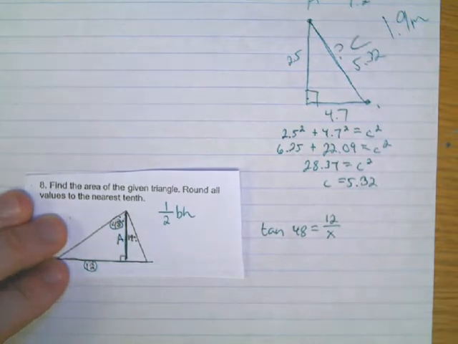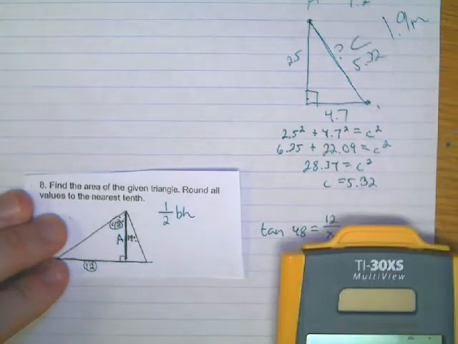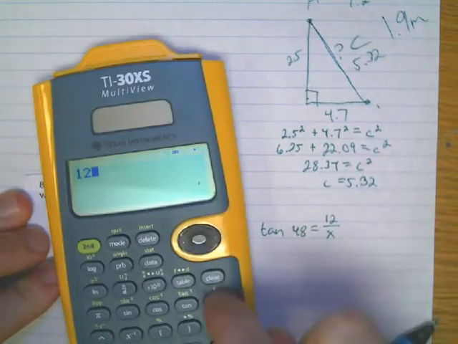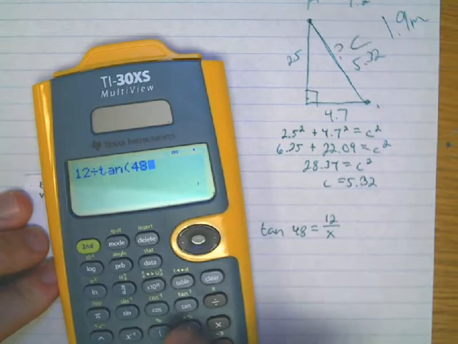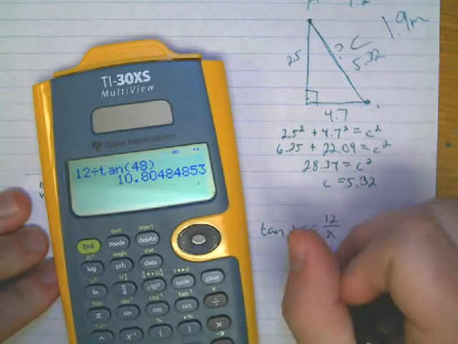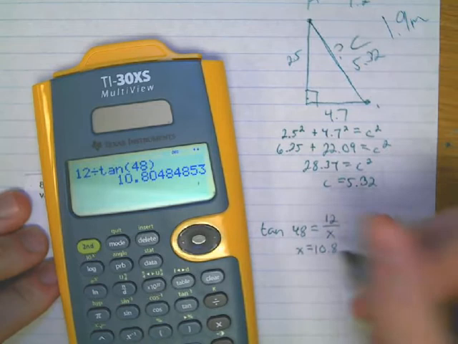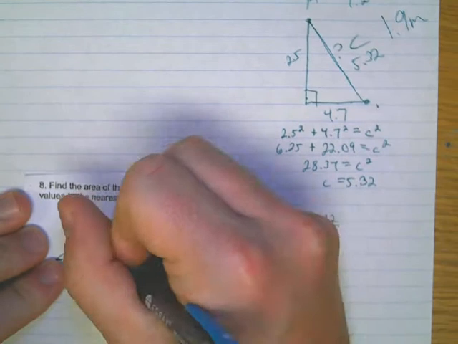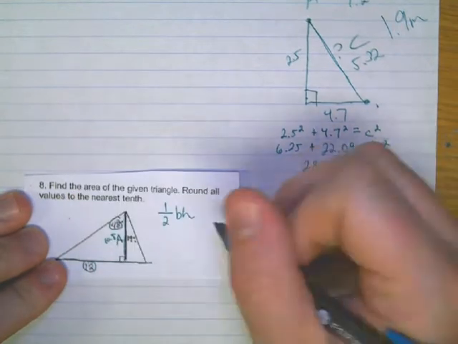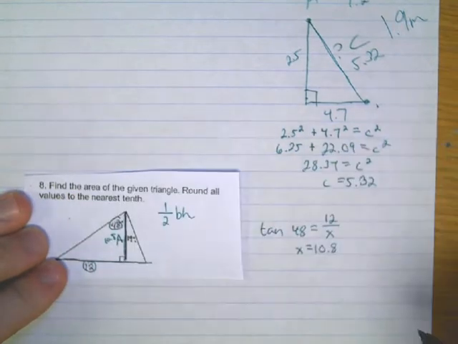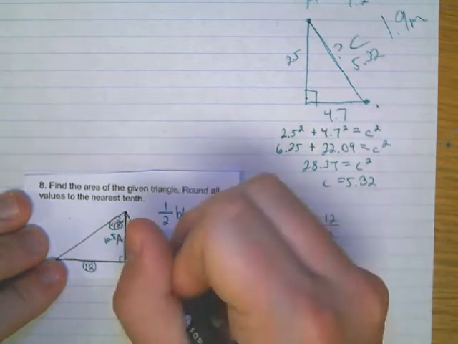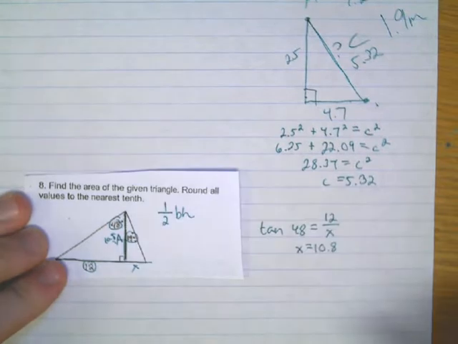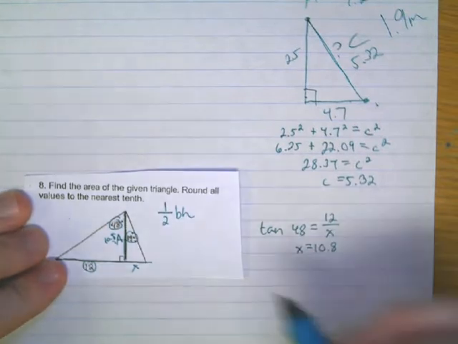Since the variable's on the bottom, I need to divide by that tangent, and I end up with 10.8. So I just found this to be 10.8. So now I need to use this 19 degrees and this 10.8 to find this guy. So I'm going to have to use tangent once again.